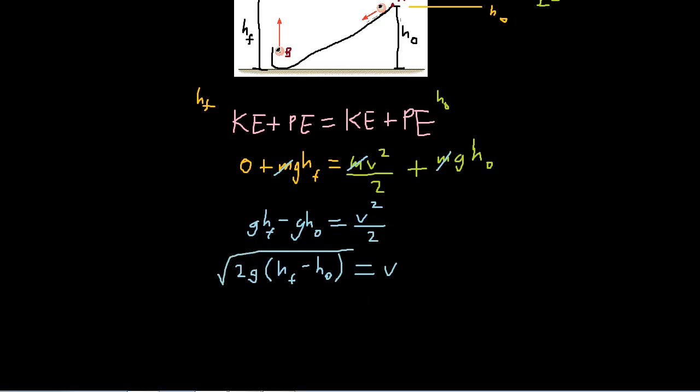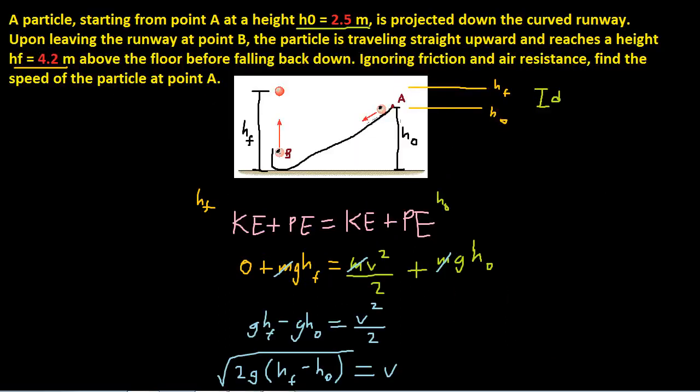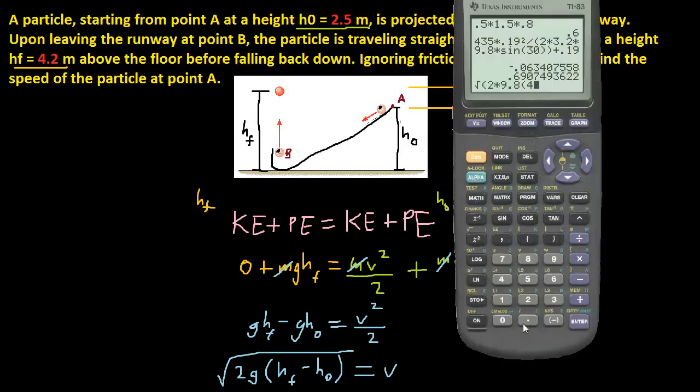So let's plug that into our calculator. This is the square root of 2 times gravity, 9.8, times H final minus H naught, where H final is 4.2 and H naught is 2.5.